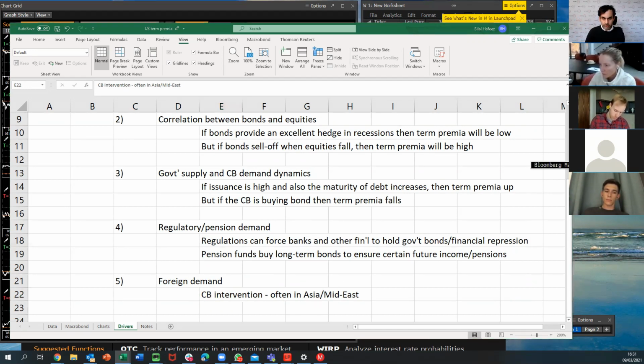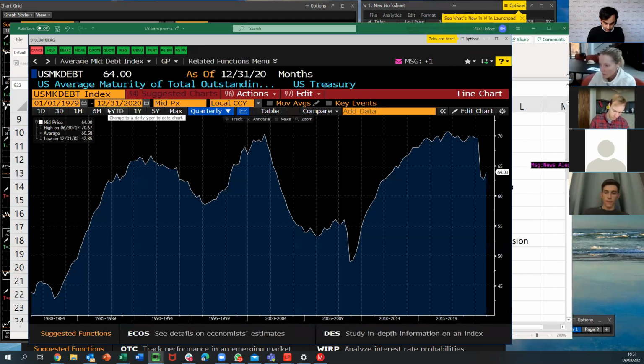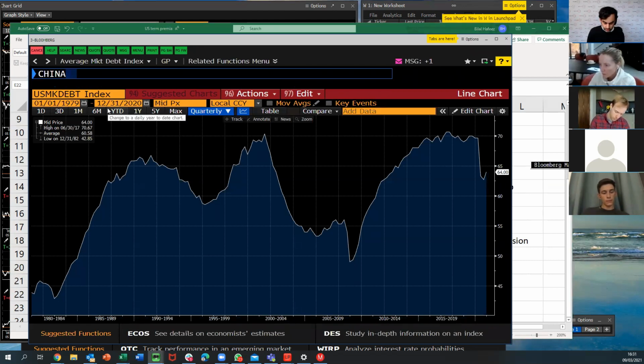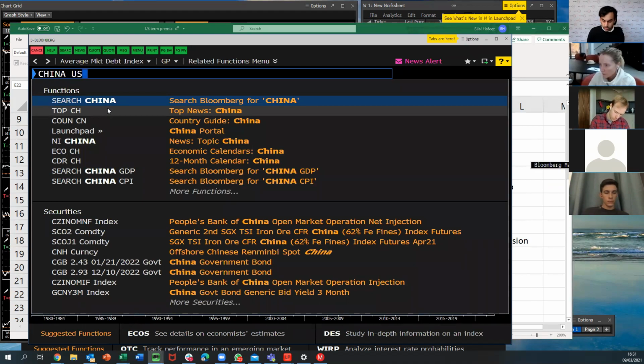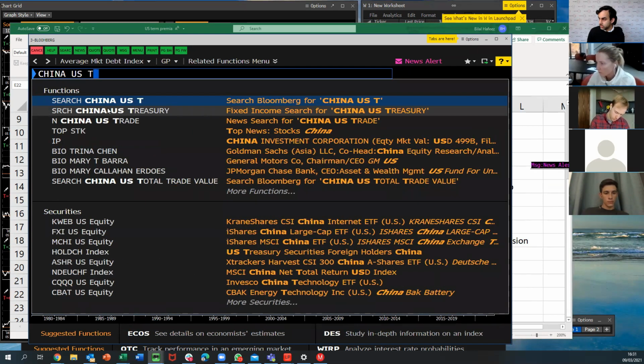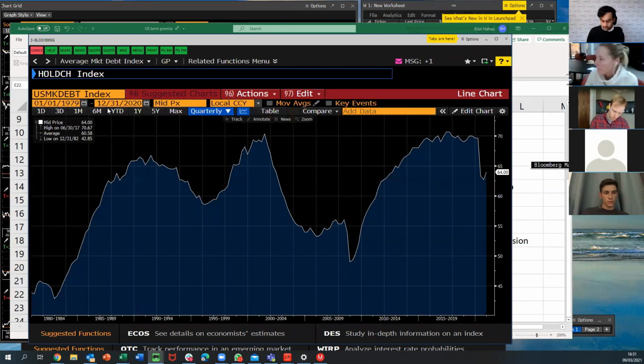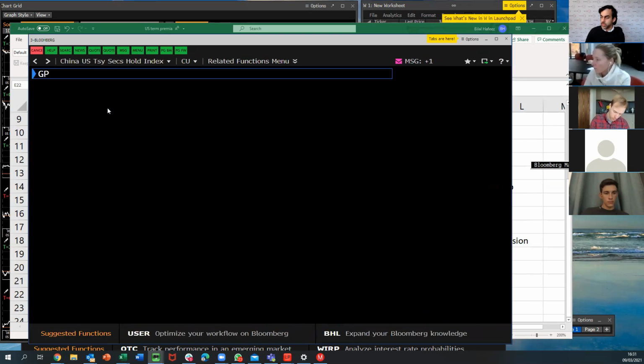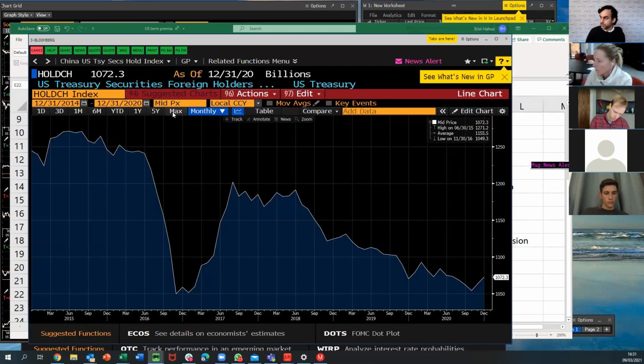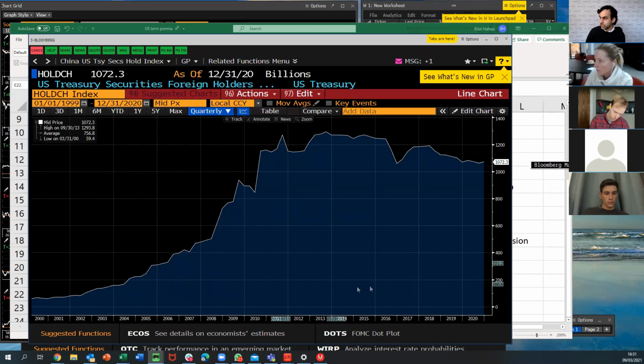Let me see if I can pull up a chart. China, foreign US Treasury holders, China. Yes, I think this is the right chart. What you see here is the stock, the overall amount of US treasuries that China holds.